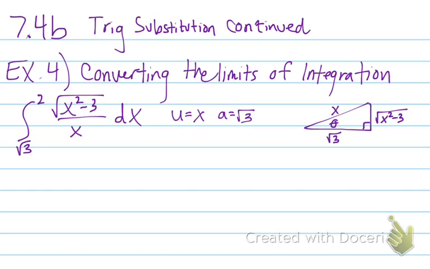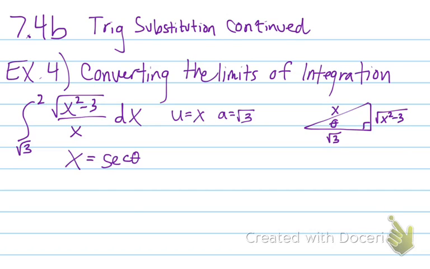When that happens, I don't want to use the square root of x squared minus 3 because that'll make it more complicated. I have the adjacent side and the hypotenuse, and I want x on top, so I want hypotenuse over adjacent, which is the reciprocal of cosine. That would be secant. So x is going to equal the secant of theta.